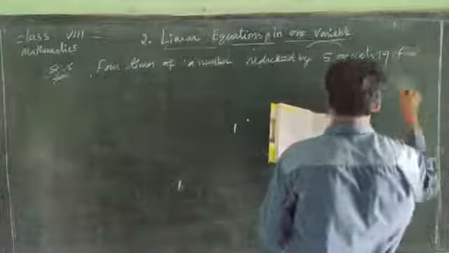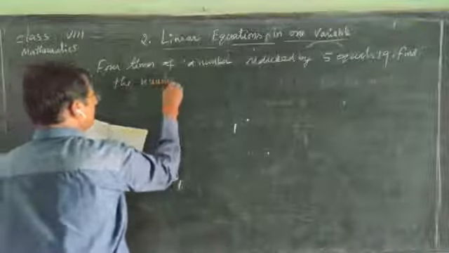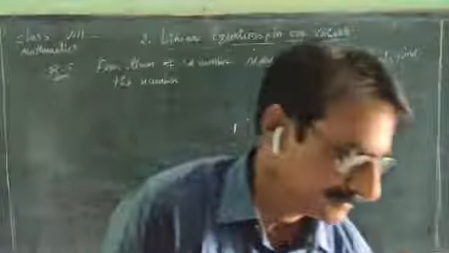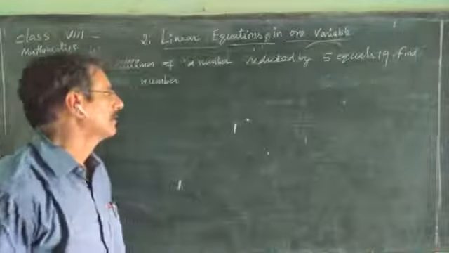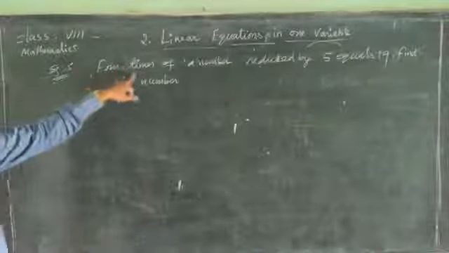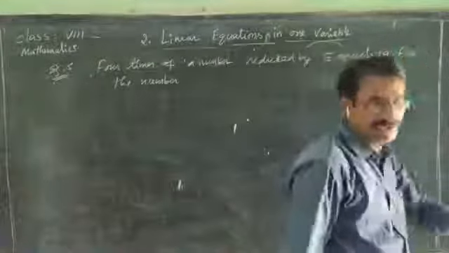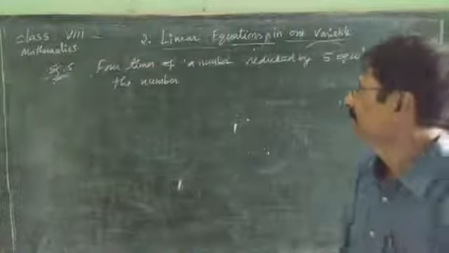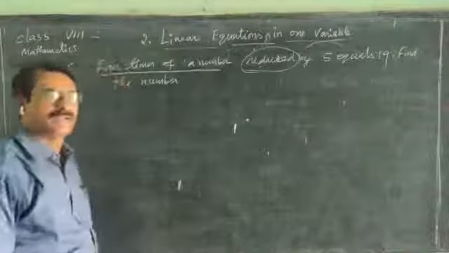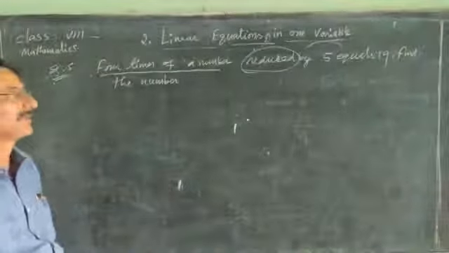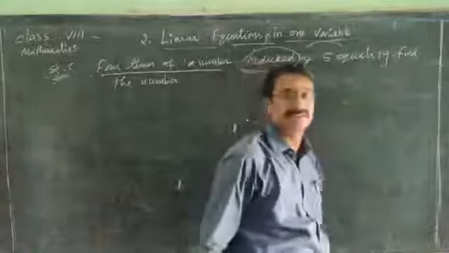Find the number. Once you observe this, 4 times of a number reduced by 5 equal to 19. Reduced is nothing but subtracted, less. If we subtract 5 from 4 times of a number, we get 19.